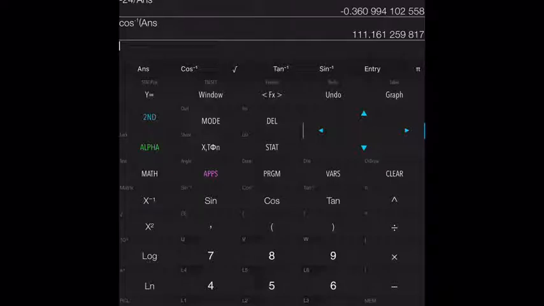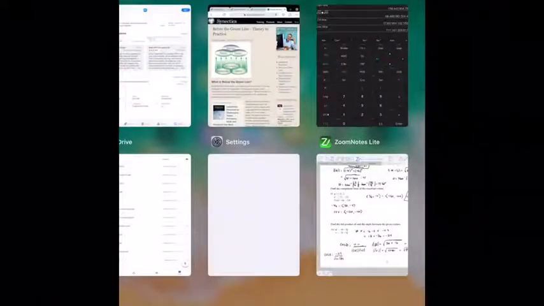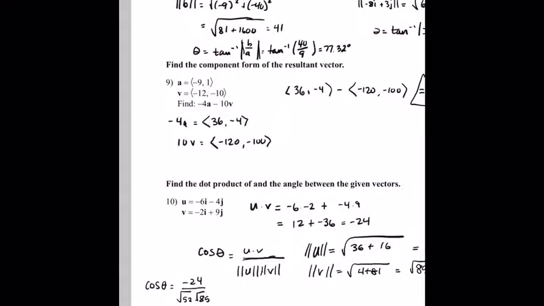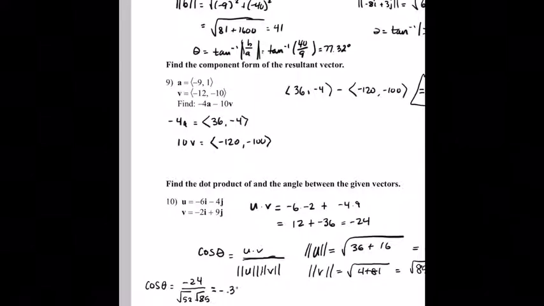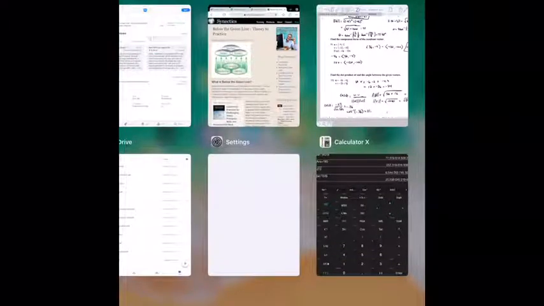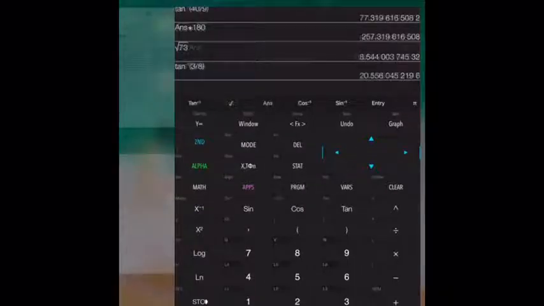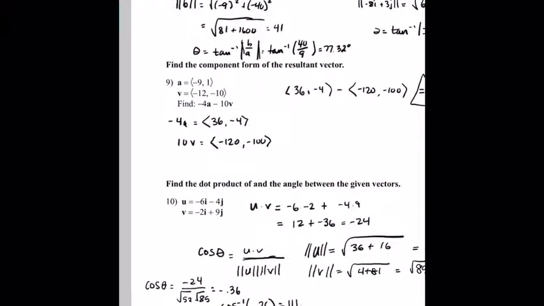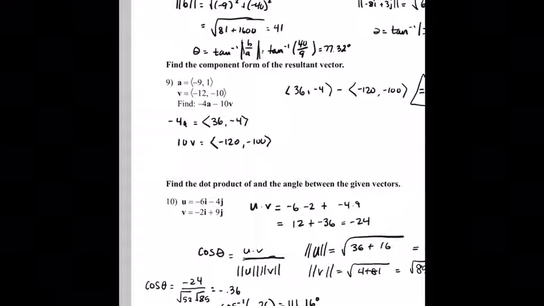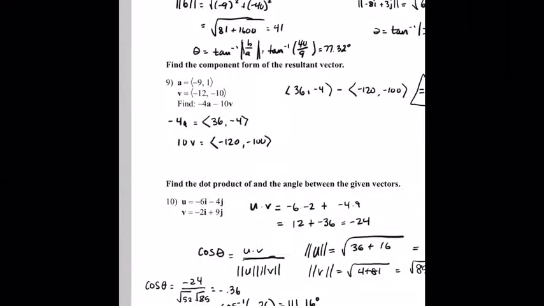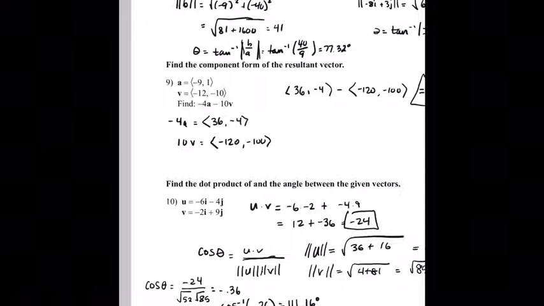And we get 111.16. So the inverse cosine of -0.36 was 111.16. So we have the dot product and the angle between the two vectors.